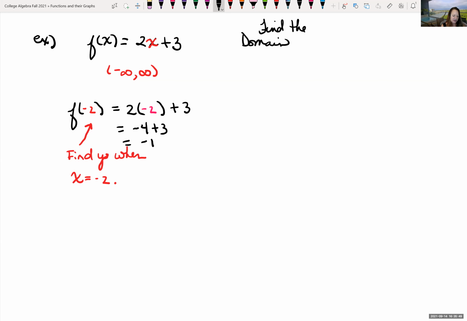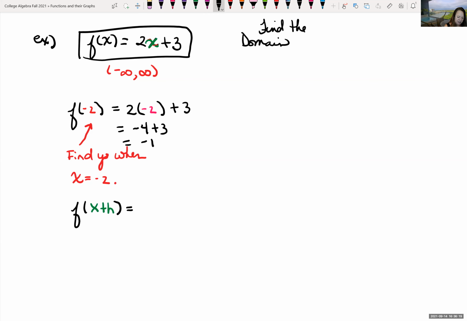Okay, so our domain is all real numbers. Let's go a little further. Let's say it didn't ask us to find f of a number. Let's say it asked us to find f of an expression, maybe x plus h. So what this tells me to do is I'm going to go to my function f of x. Wherever I see an x, let's just put in a parentheses for now.